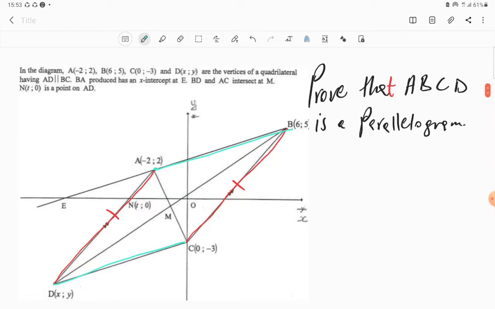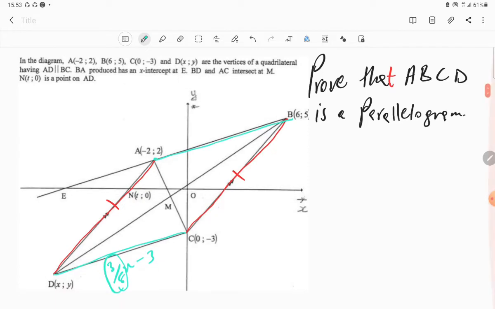So now the idea, because we already know the gradient of this one, it was given in the first place, that it's 3 over 8. It was given in the equation, because you have this one. This was given as the equation of the line DC. So this coefficient of x is our gradient.